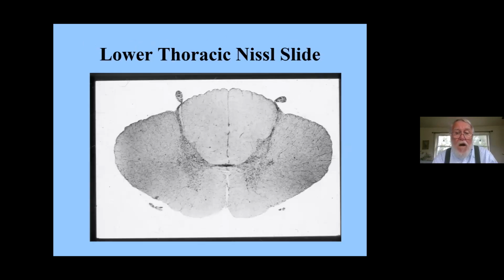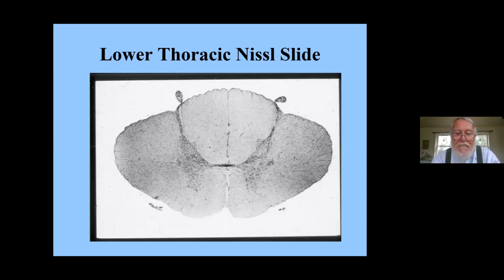Now, realize that the relative size of the dorsal and ventral horns have not changed. What has changed here is the enormous amount of white matter, which is on passage ascending and descending fiber tracts.